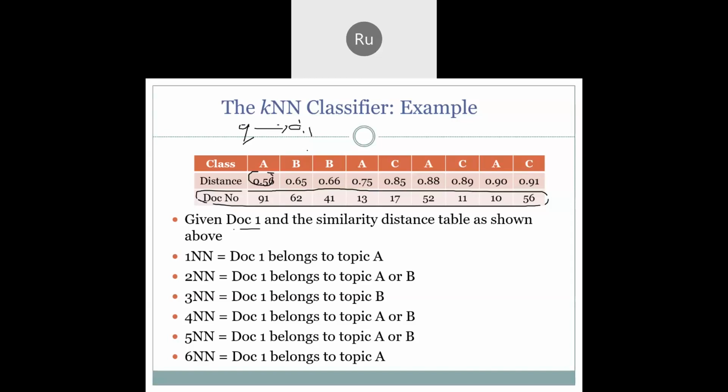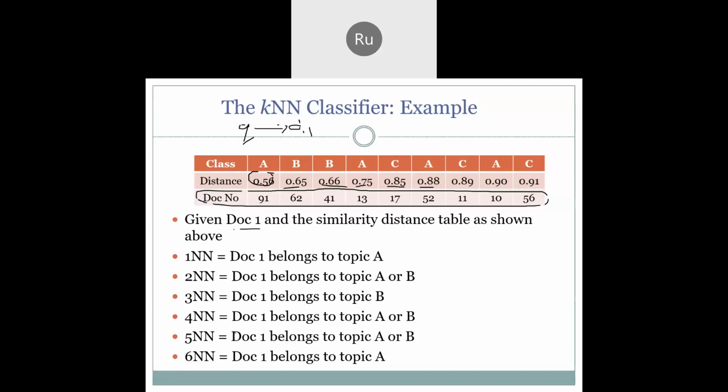We use the cosine function, right? Similar to this, we are looking at the keywords that we have for the new document and also the documents that belong to certain classes. This is the distance that we measure. We arrange them in sorted, increasing order. Nearer to zero means they are more similar.